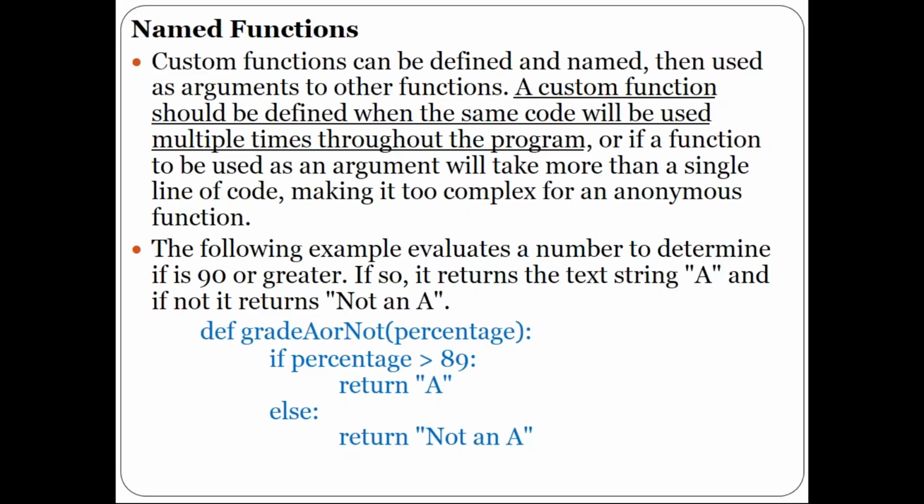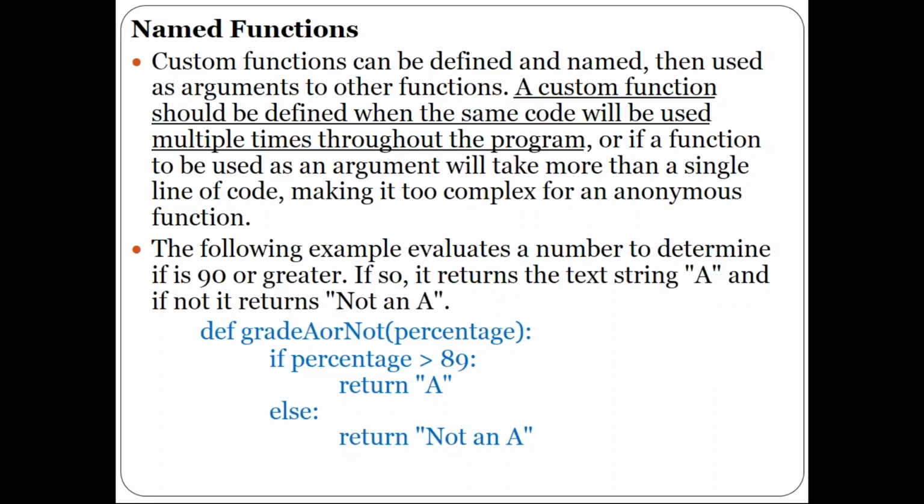Okay, I repeat once again, custom functions can be defined and named and then used as arguments, which means three conditions. The results of your first function can be input to a second function, or the function that you have referenced in the first transformation can be passed as an argument to the second transformation.